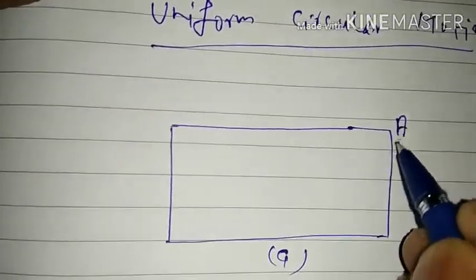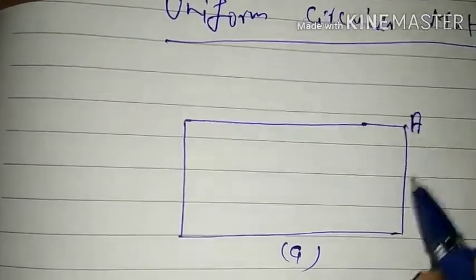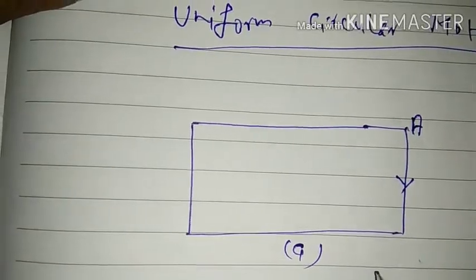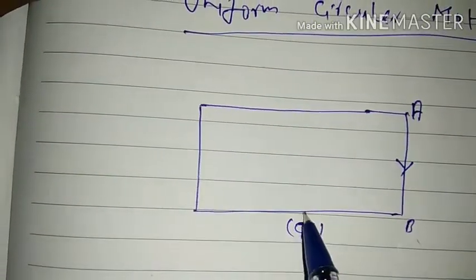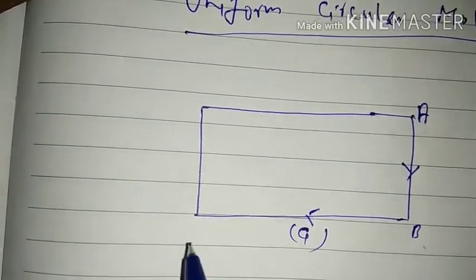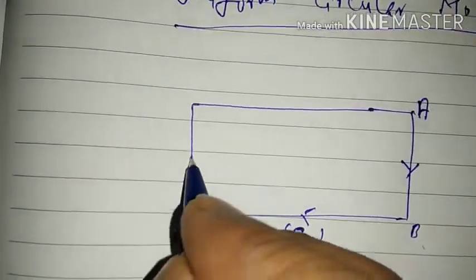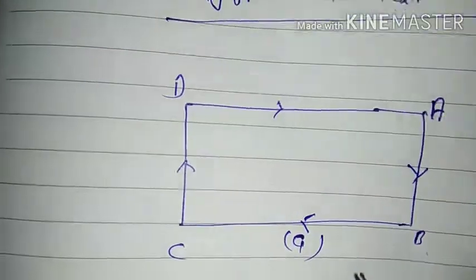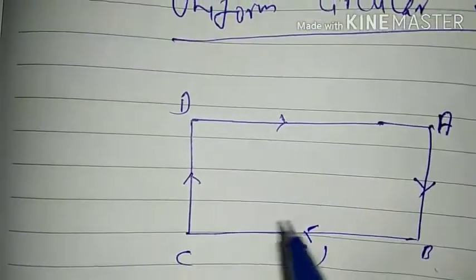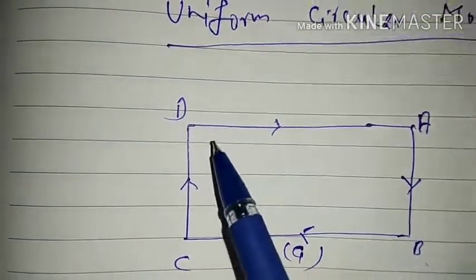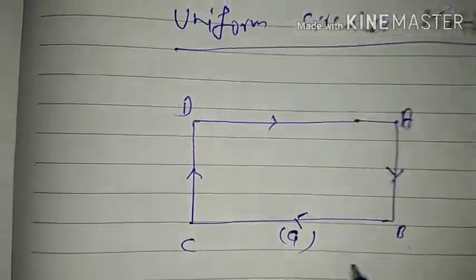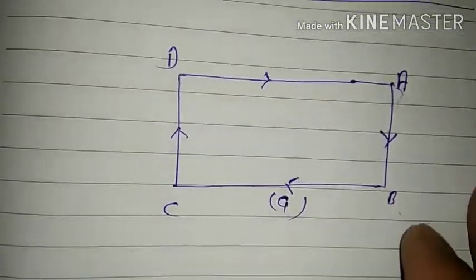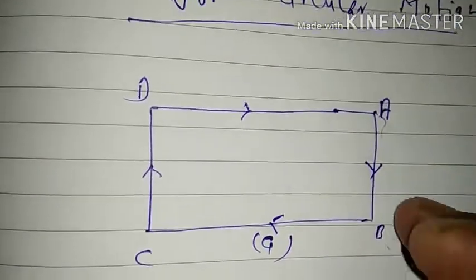Suppose any object starts to move from point A, reaches point B, again travels from B to C, C to D, and again D to A. That is, the object is in motion on a rectangular track. Then what do we see here?